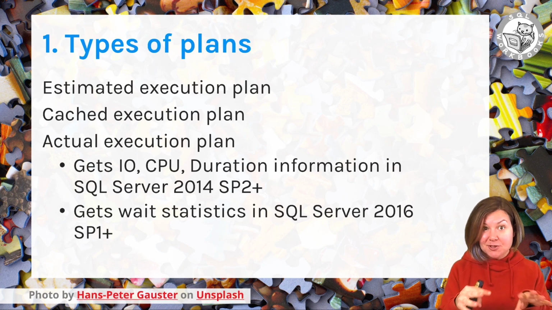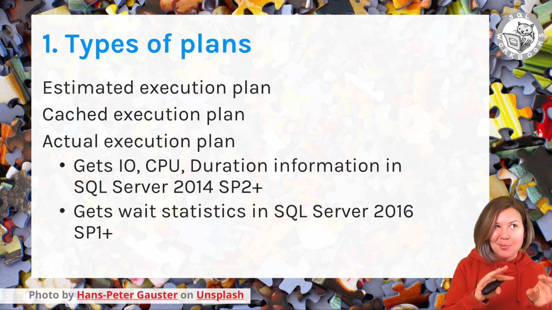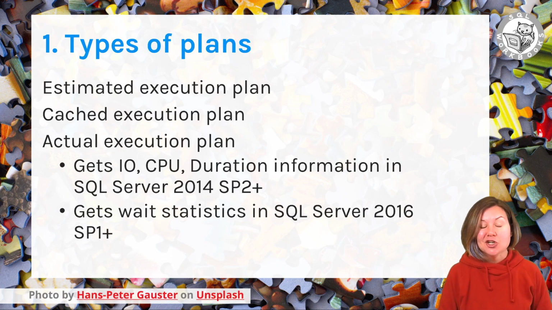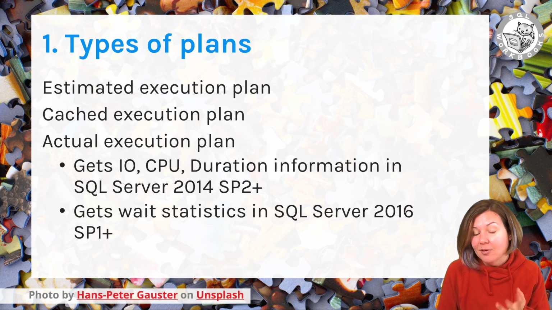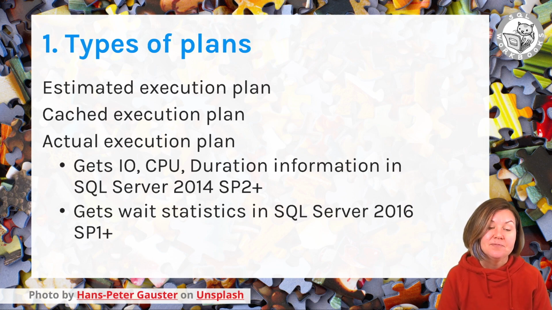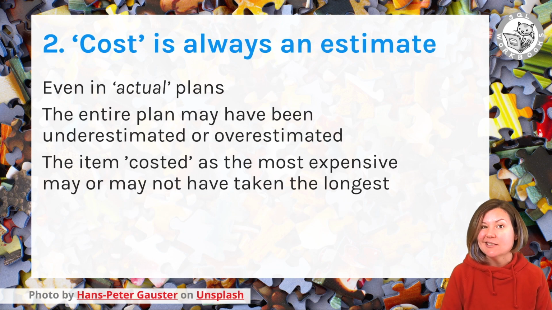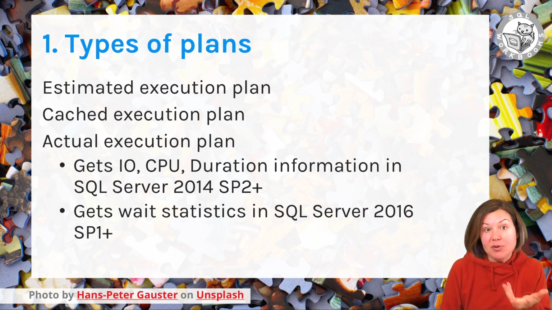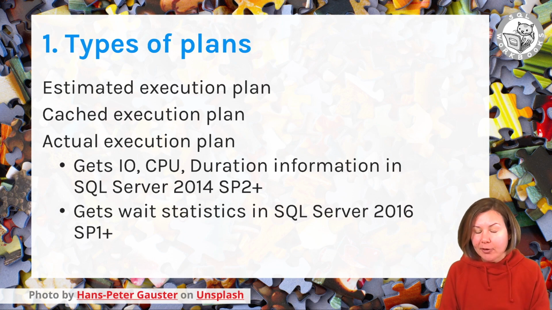It takes a little while to get used to interpreting them because for certain operators that information is cumulative with its child operators, and for certain operators it's not, but it's a wealth of information for us. We also get those wait statistics in SQL Server 2016 and higher. So knowing what type of plan we're looking at when interpreting a plan is really useful.